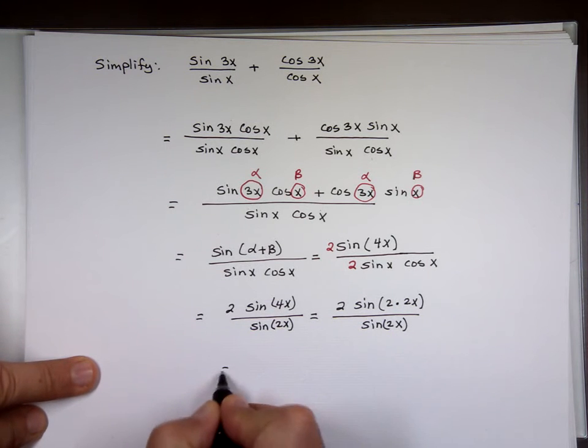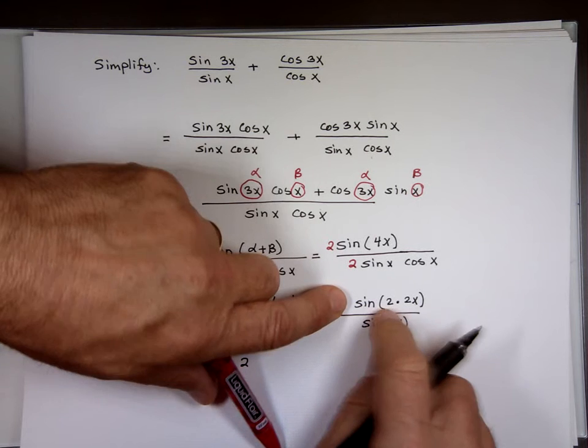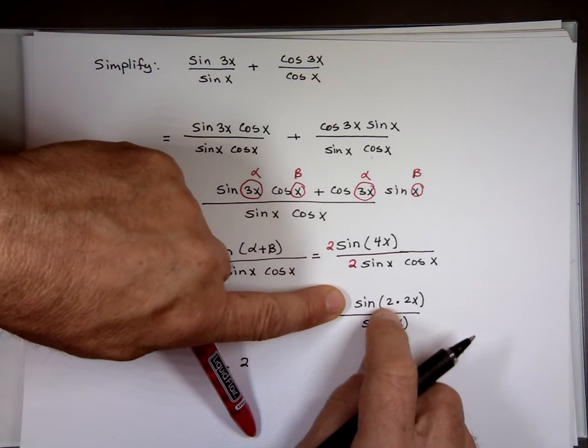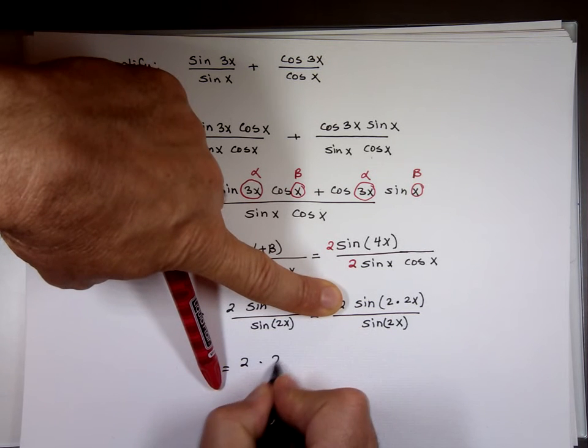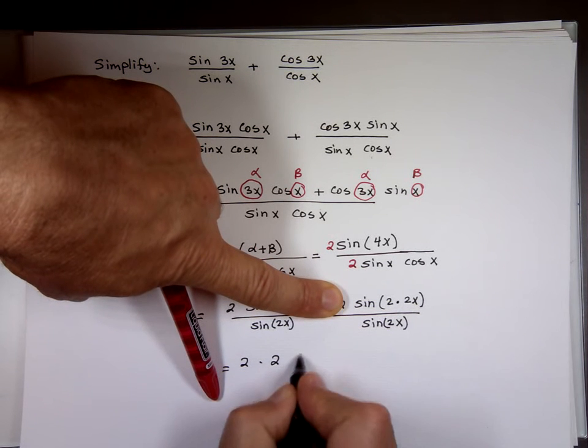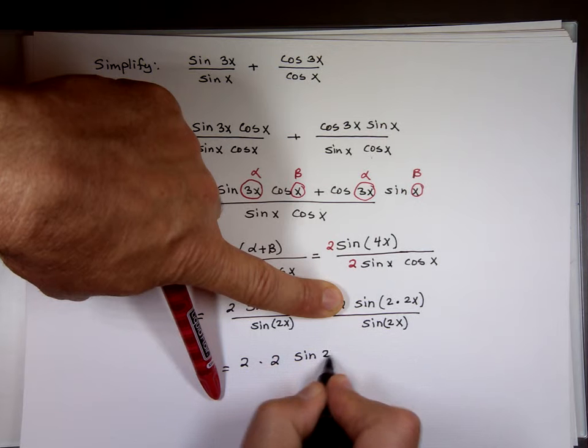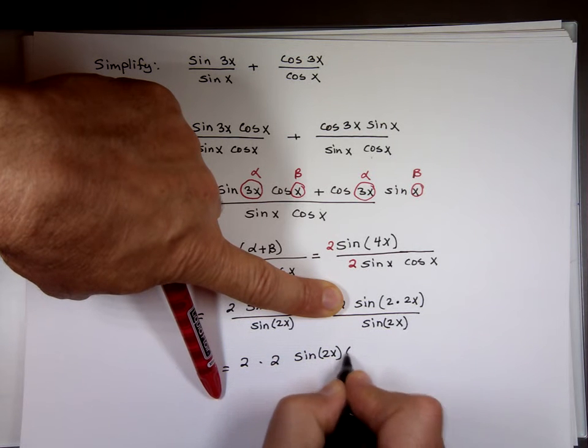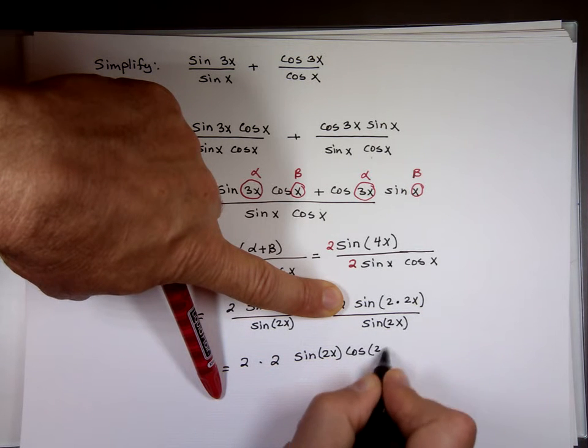Let me look at this. What is sine of double the angle? Sine 2 times this angle. It's 2 times sine that angle, cosine that angle. Remember, that's like alpha here.